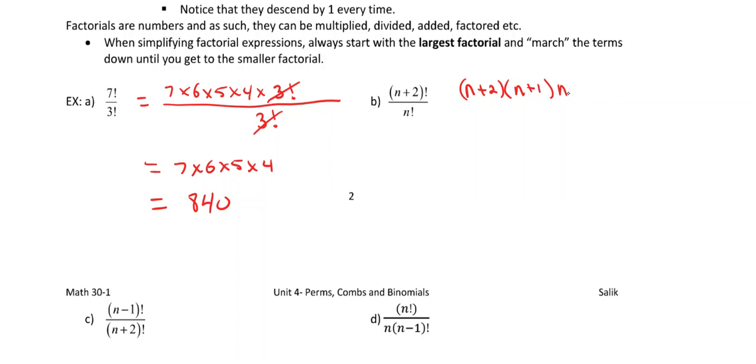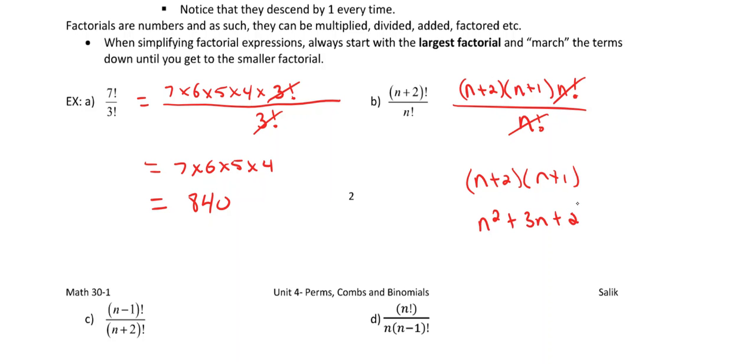The next one would be n minus 1, n minus 2, dot, dot, dot, 3 times 2 times 1, and it would keep going, but I can just call this n factorial because that means the same thing. So I'm going to leave it at n factorial over n factorial, and then I can cancel those. In the end, this is the same thing as just n plus 2 times n plus 1, and you could expand that out too, which can be written as n squared plus 3n plus 2.